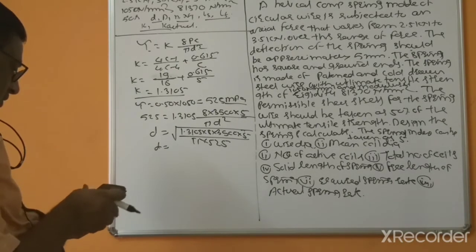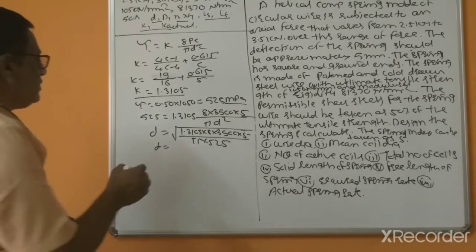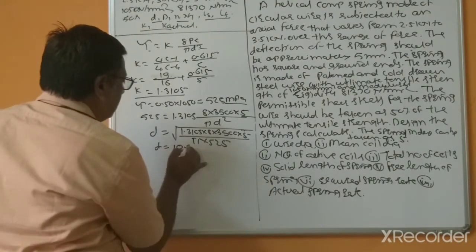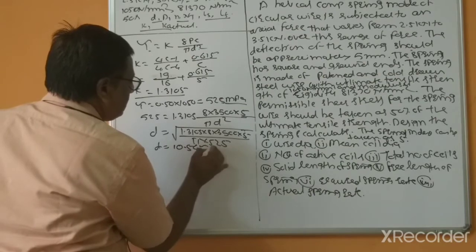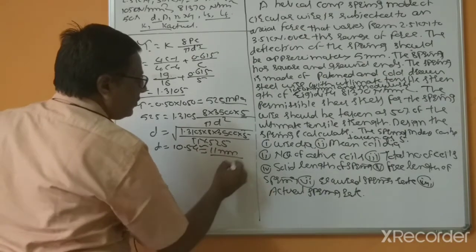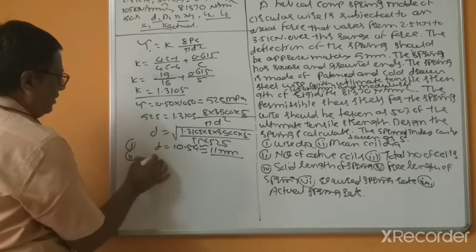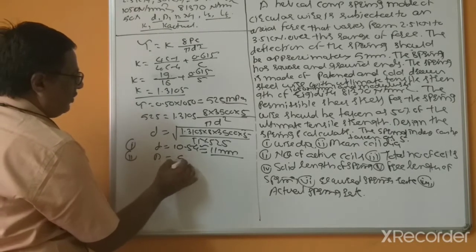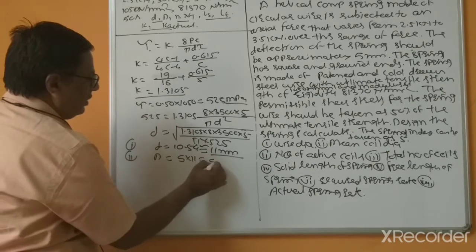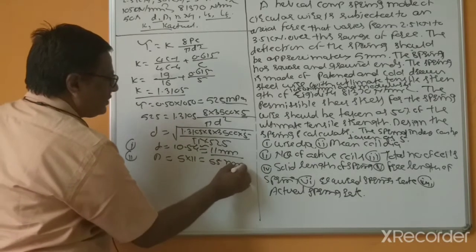So this is 10.54. So approximately, suppose I increase, this is 11 mm. So this is your first bit. Second bit, capital D equal to 5 into 11, this is equal to 55 mm.